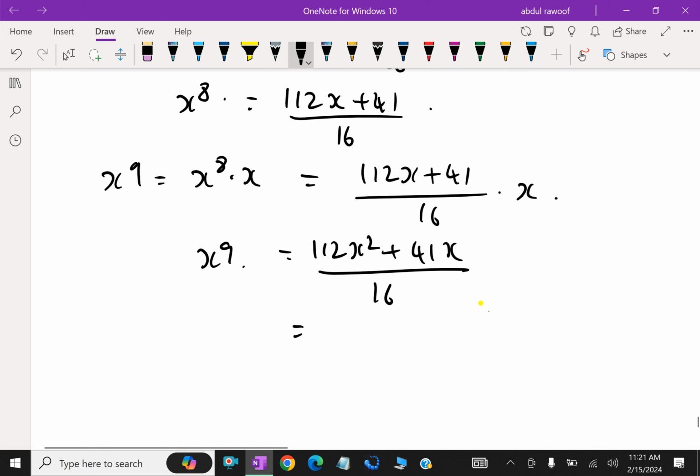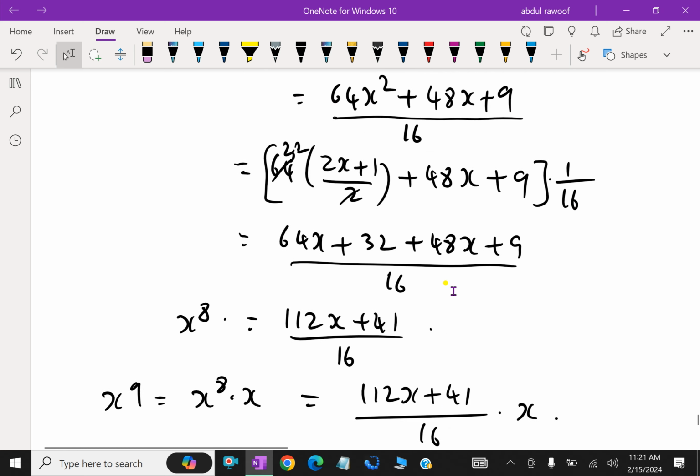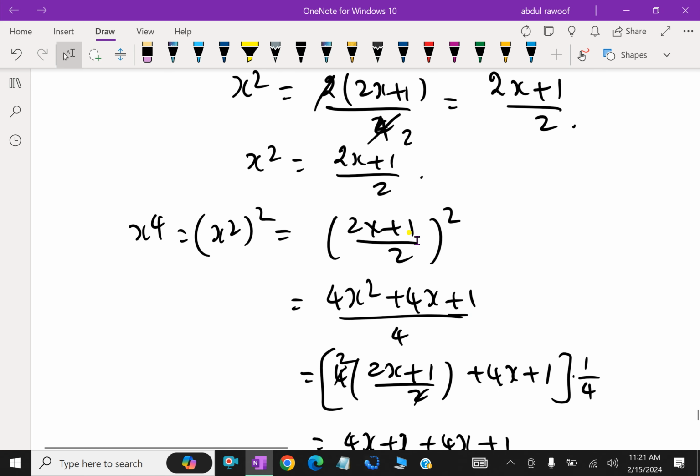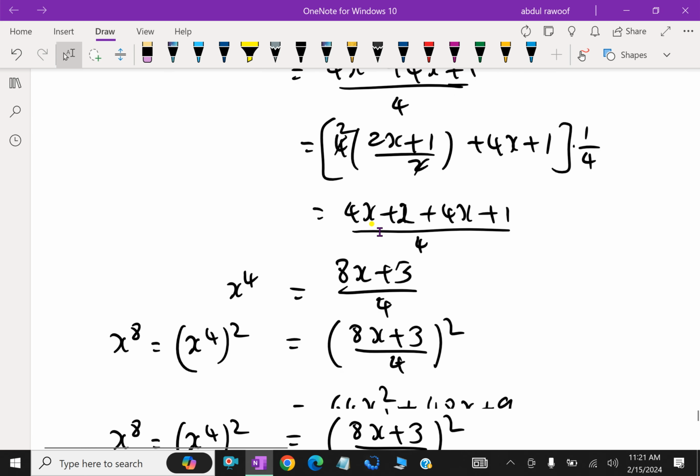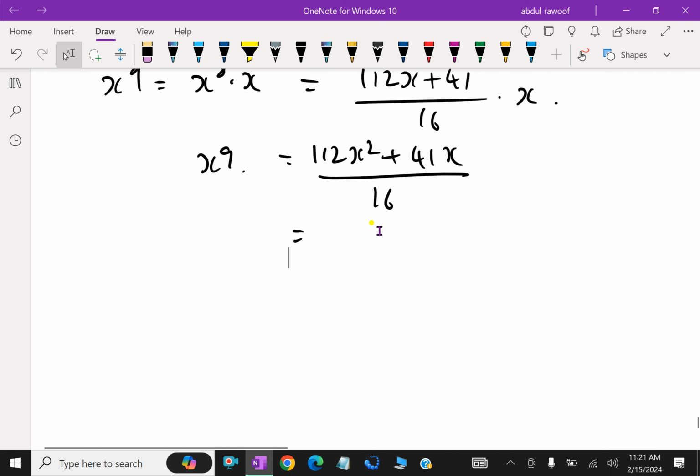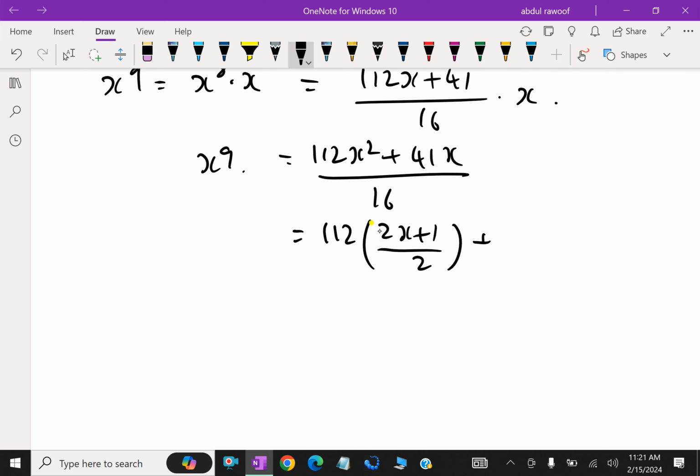But we have x squared is (2x plus 1) over 2.